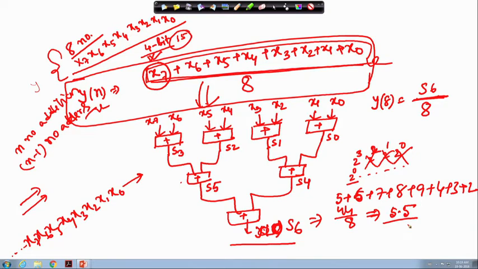So, 44 means what will be its binary number representation? 32, then 8, then 4. So, this will be the corresponding binary representation of 44, right.